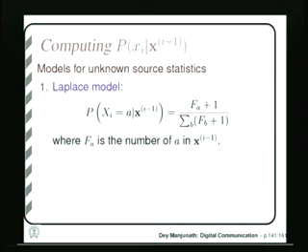Now, if we do not know the statistics of the source beforehand, how do you tackle the situation? The idea is that as you keep receiving symbols, you keep estimating the probability distribution of the source also, and use that distribution to do your encoding.